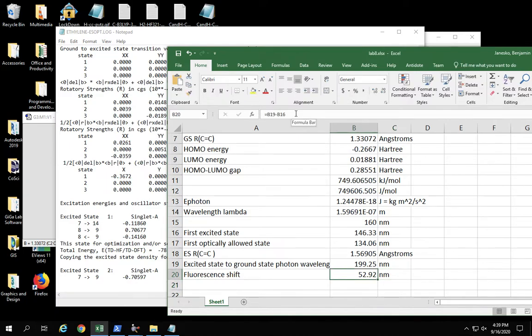So we get a 53 nanometer fluorescence shift, a 53 nanometer red shift. At this level of theory, we predict that ethylene absorbs photons of wavelength 146 nanometers, and then when it fluoresces, it re-emits photons of wavelength 199 nanometers.